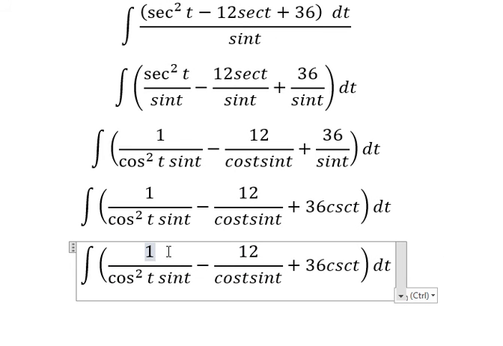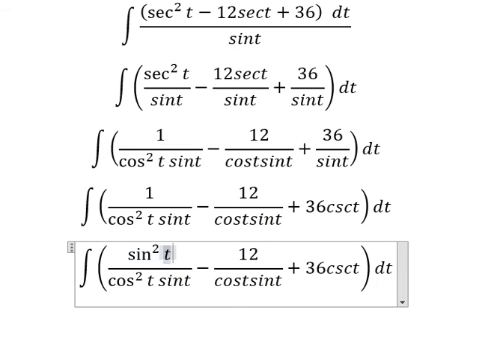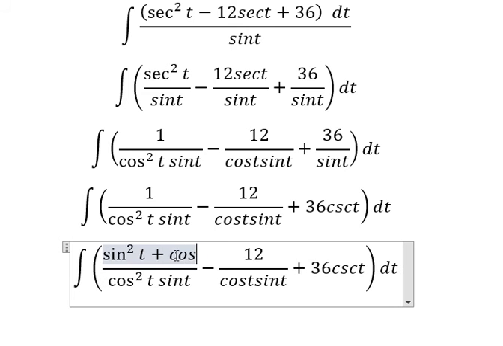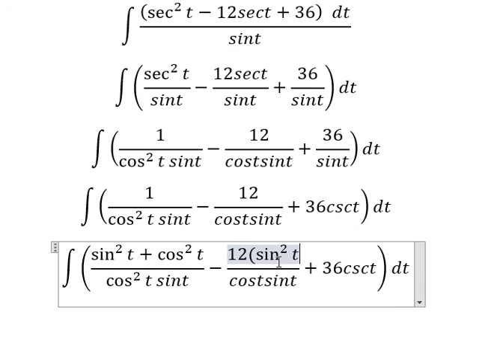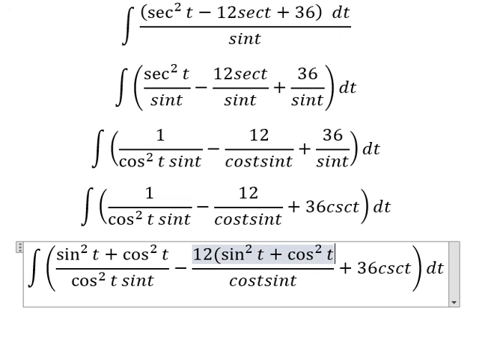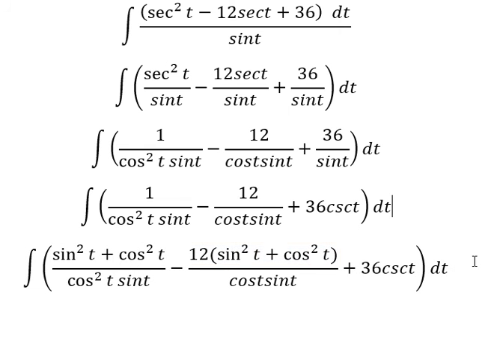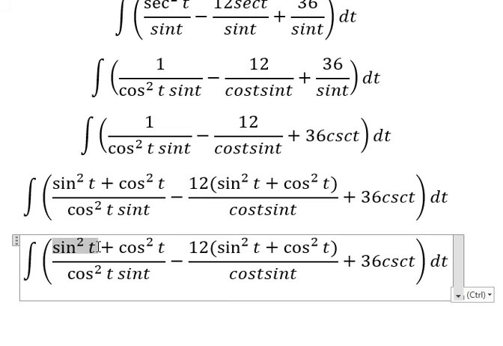So for number 1, we can put sine t squared plus cosine t squared. Similar for this one, we can put sine t squared plus cosine t squared. So sine t squared divided by sine t, cosine t squared divided by cosine t squared. Similarly for this one, sine t squared divided by sine t, cosine t squared divided by cosine t.